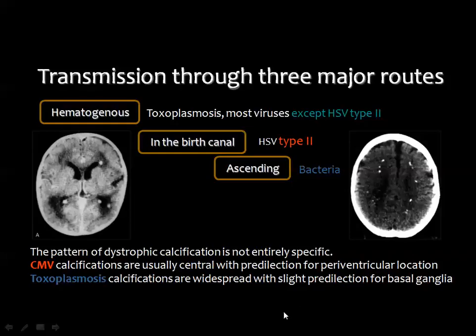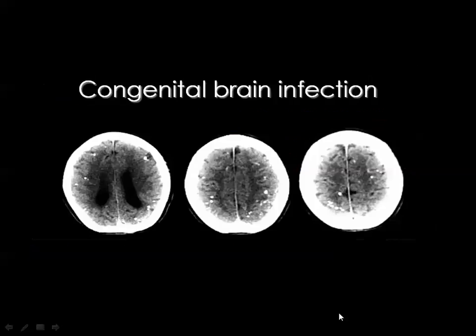It is always written in the literature that whenever you see periventricular calcium, and this calcium is intimately related to the wall of the ventricle, like this, what we call subependymal calcification, you may feel that this infection is due to cytomegalovirus. While if the calcium is haphazardly distributed with special or slight predilection for the basal ganglia, then you may think of toxoplasmosis.